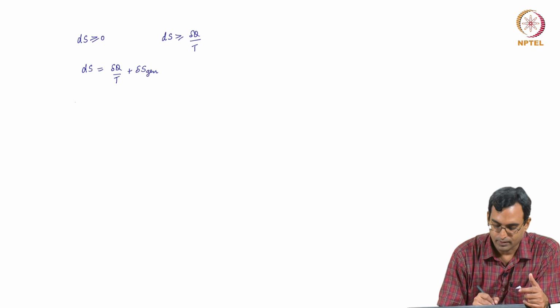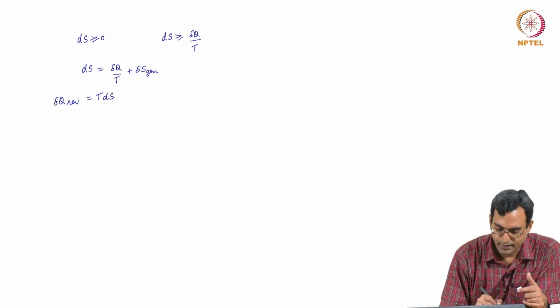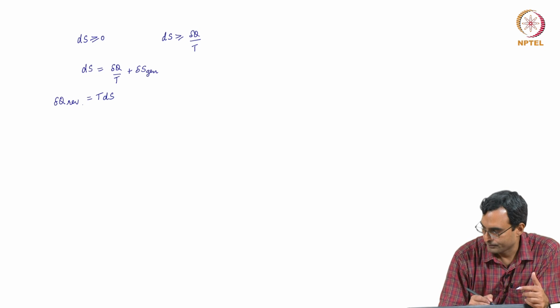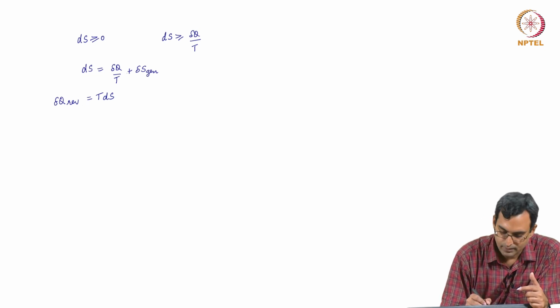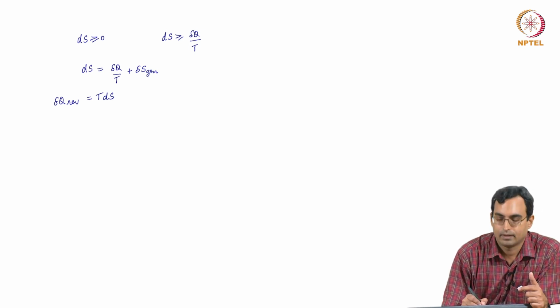So, in a reversible process we have that del q reversible is equal to T into ds, whereas in the case of an irreversible process we have that del q over here is this Tds minus this delta s.